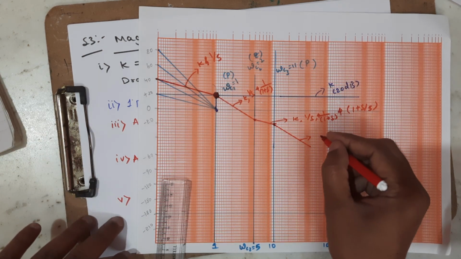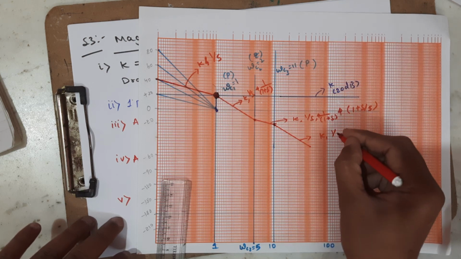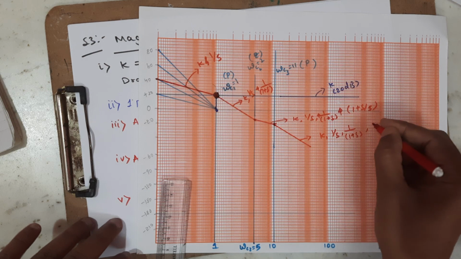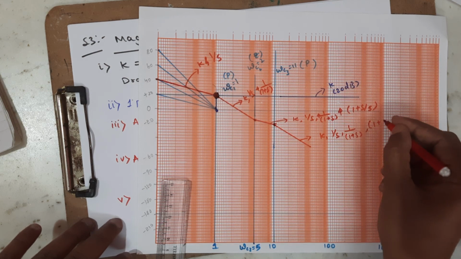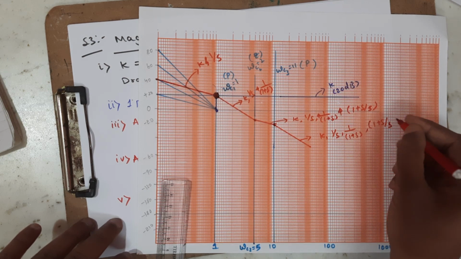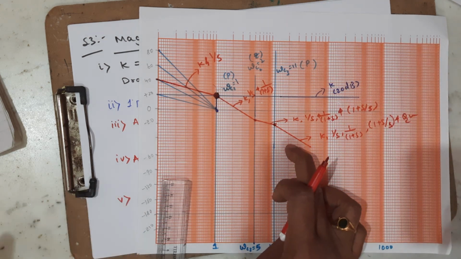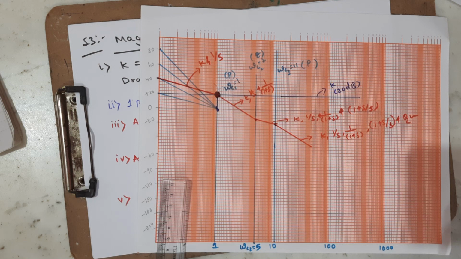This is the contribution of K, 1 by s, 1 by 1 plus s, the zero 1 plus s by 5, and a quadratic pole. So this is the final contribution. This is how we are going to draw the magnitude plot.